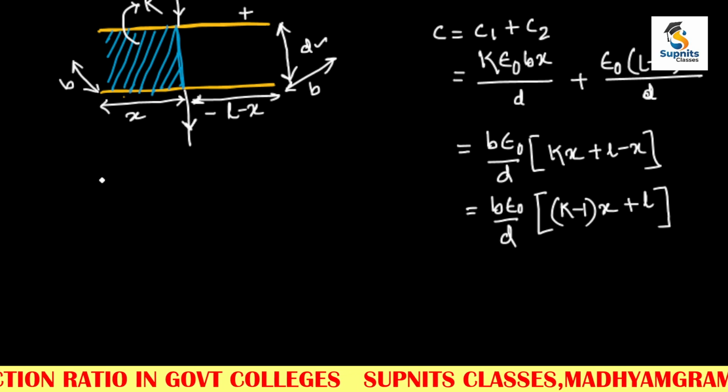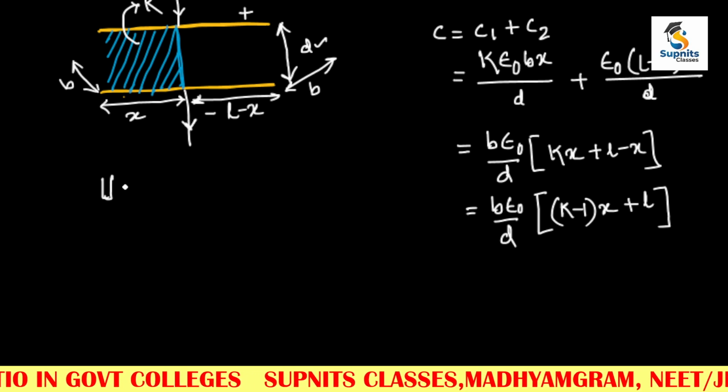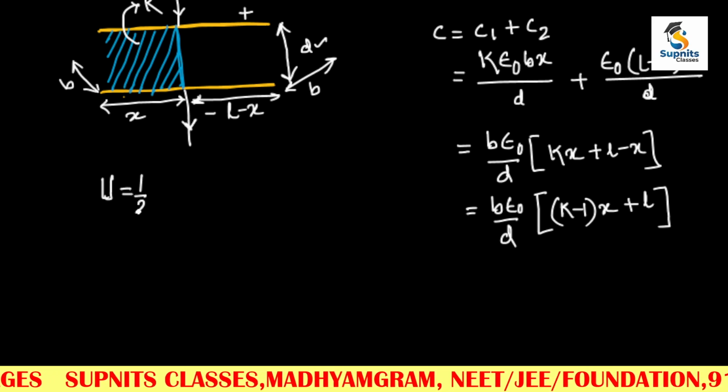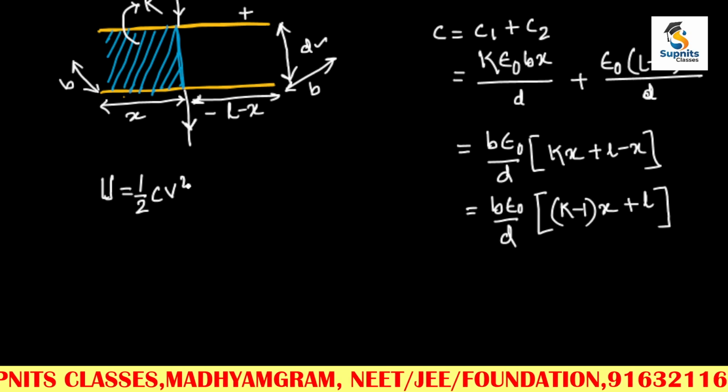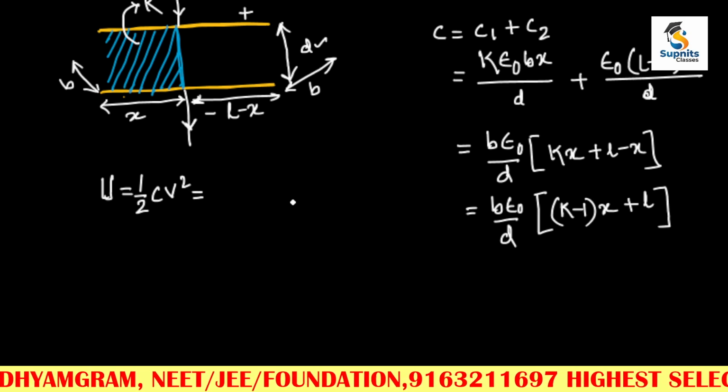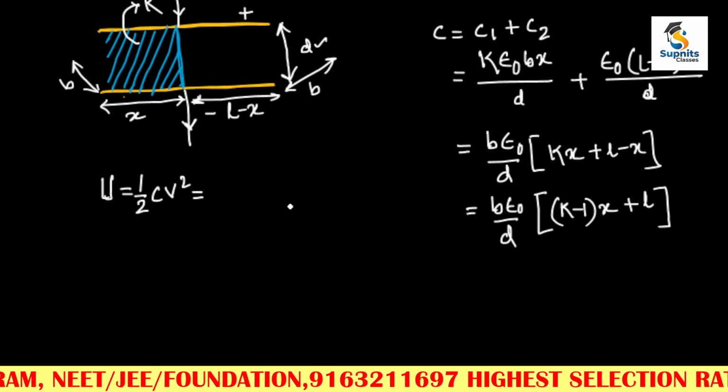It helps us to calculate the potential energy of this capacitor, because we know the capacitor potential energy is half C V square. Now that we already have C, it becomes very easy for us to find out the other parts.